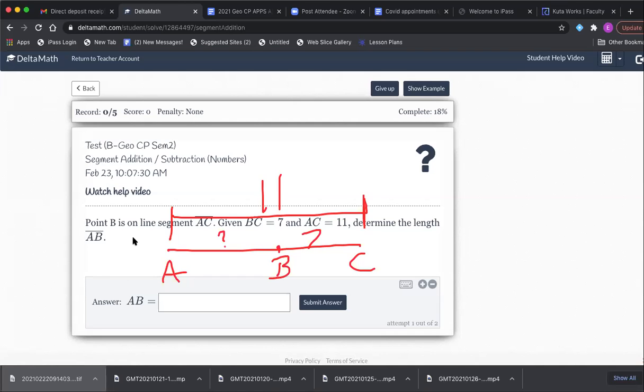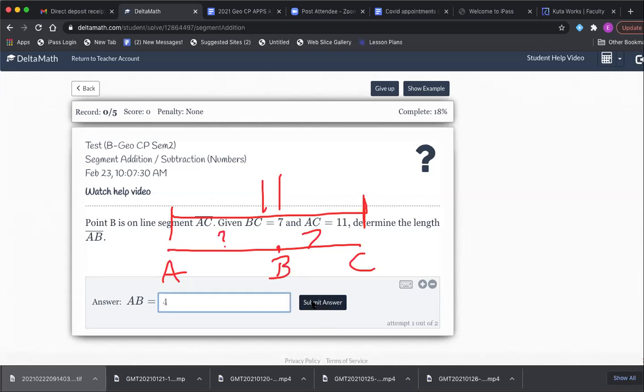Oh, what'd you say? Subtracting. Thank you. And my answer would be? Four. You got it. So I'm just going to pop in a 4 here for AB, and that's all I need.